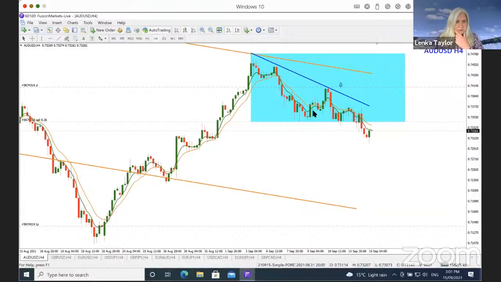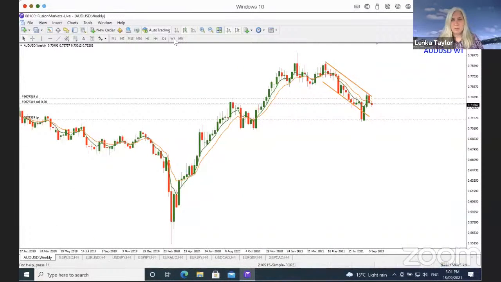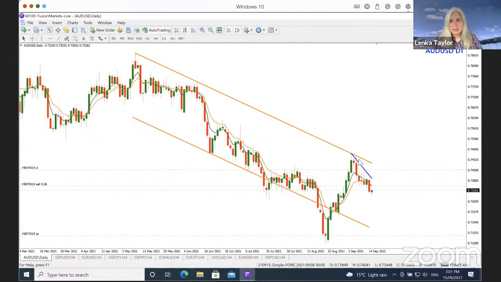So the first currency pair I'm going to have a look at is Aussie USD. This is a trade that I'm already in for a short. On the weekly time frame, I'm looking at that channel going downwards. On the daily, it's had a few bars now going down.